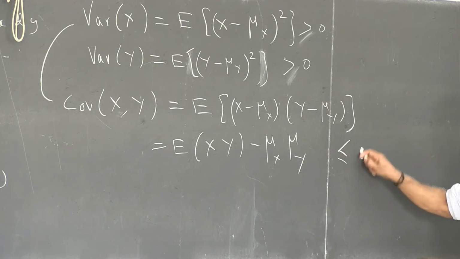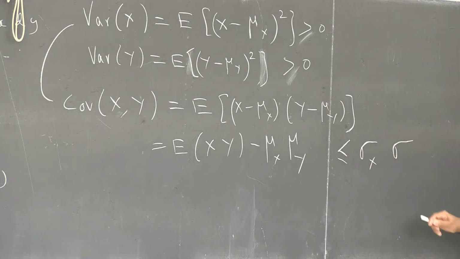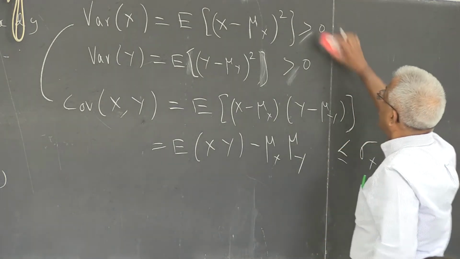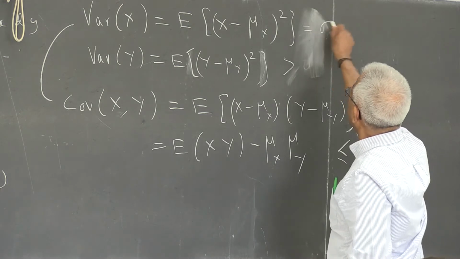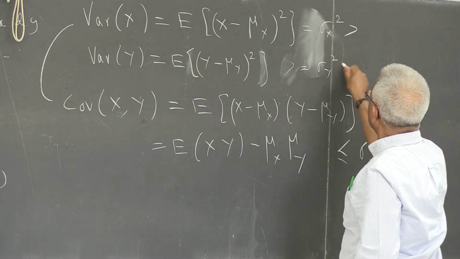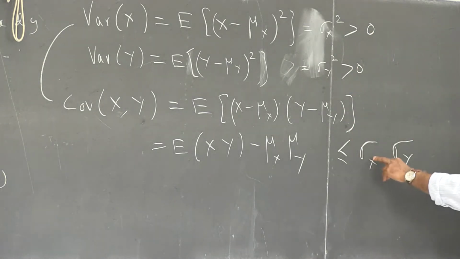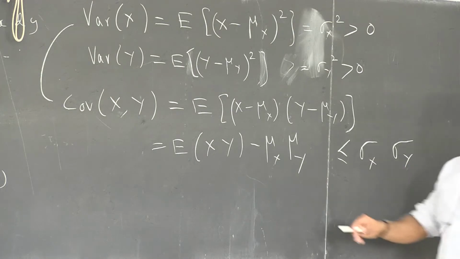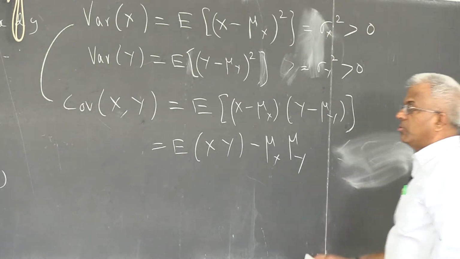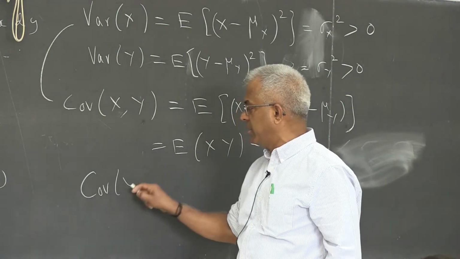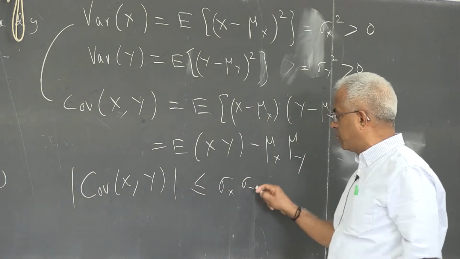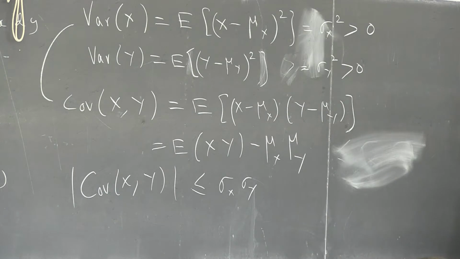And I also showed you that, if I call these numbers mu x, sigma x squared and sigma y squared, then we had this relation also. In fact, what we showed, and this is something we proved, is that the absolute value of the covariance is less than or equal to sigma x times sigma y.